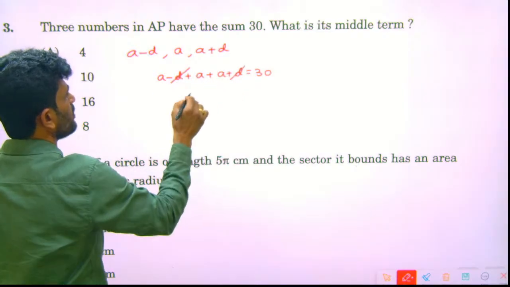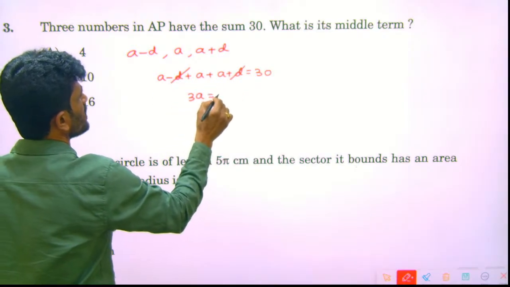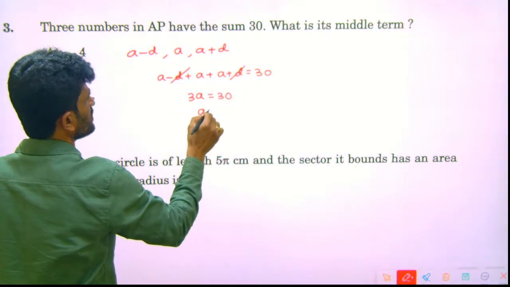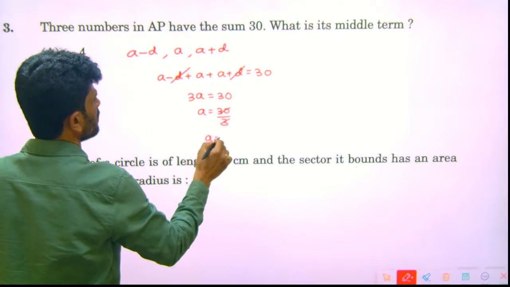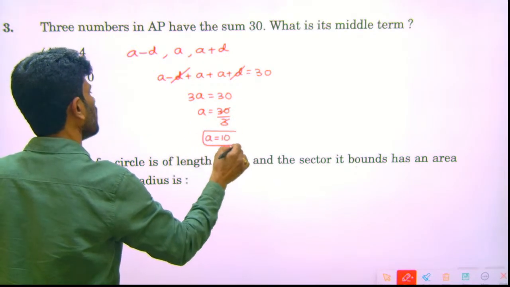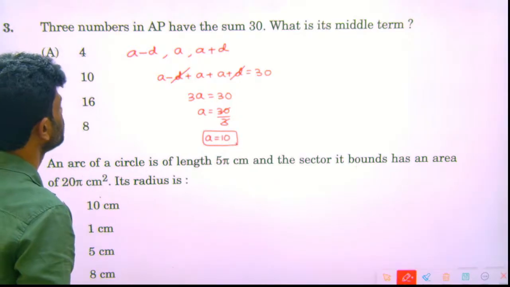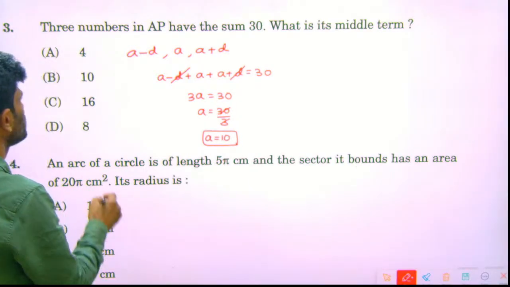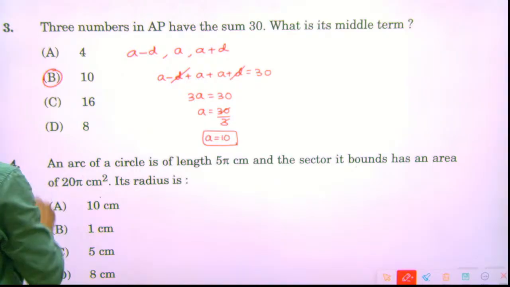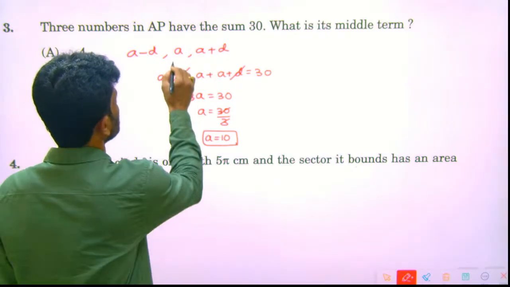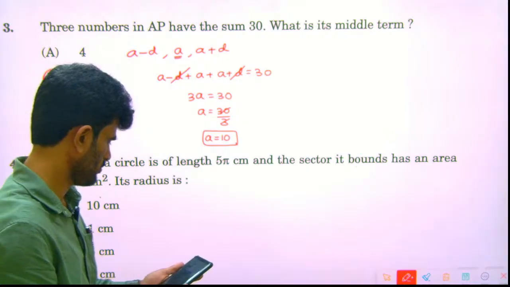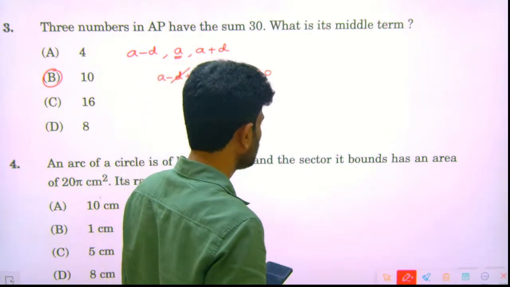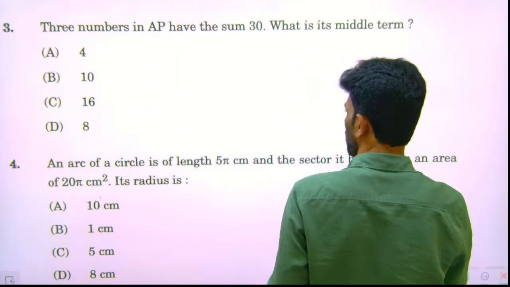Minus d plus d will be cancelled. 3 times a is equal to 30. That means a is equal to 30 by 3. A is equal to 10. Which option? Option B is correct, because we want the middle term, which is A only. Objective 3 we are discussing now. Okay.